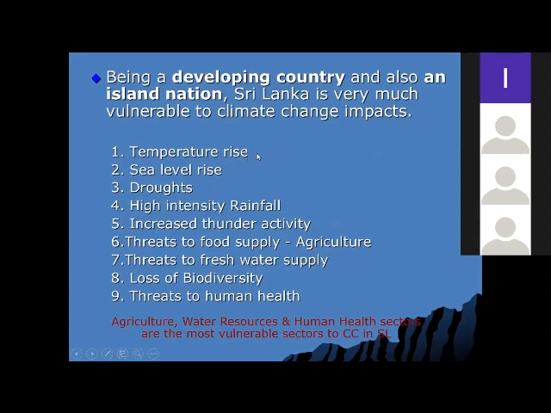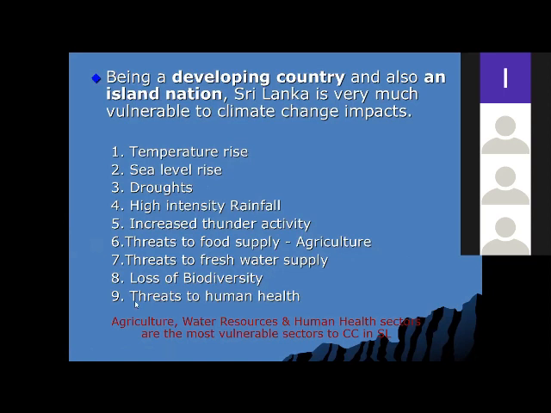Temperature rise will be a problem for us, for health, agriculture, many other areas, and also sea level rise, droughts, high intensity rainfall, increased thunder activity. Thunder activity kills our people also. And food supply will be a problem. Agriculture, as I said before, is rainfall related. Freshwater supply is a problem because now sometimes even in the Kalani river, seawater intrusion takes place during the dry season.